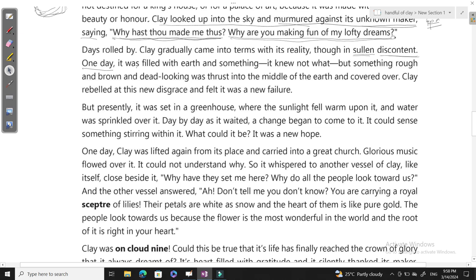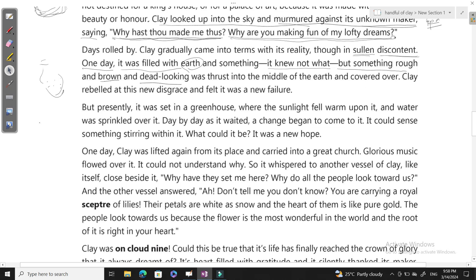And one day, what happened? It was filled with earth. Filled with earth means the pot is filled with soil. Earth means soil. It was filled with earth and something it knew not what, something rough and brown and dead looking was thrust into the middle of the earth and covered over.